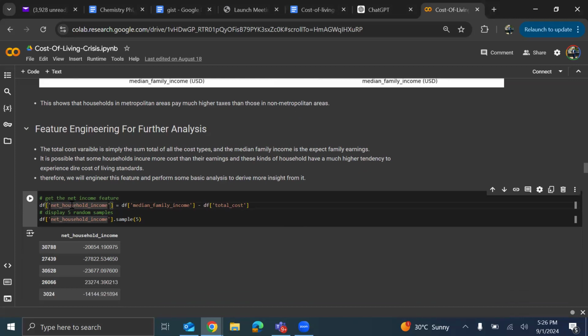Now we have the median family income. If you have an income and you remove your cost of living from it, is the output negative or positive?